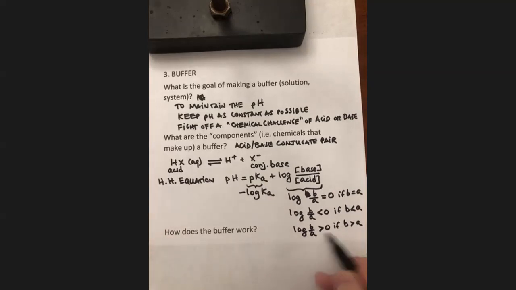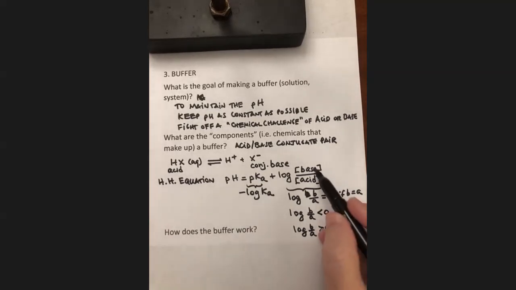So that means this is bigger than 1, which means you have an exponent that has to be greater than 0. Again, that's math. And again, this is where sometimes I think that we get a little confused because we've forgotten these things. Now remember, in this case, B is the base and A is the acid.